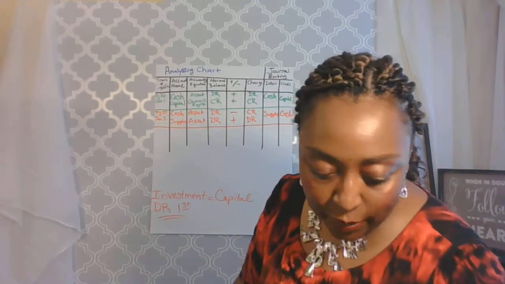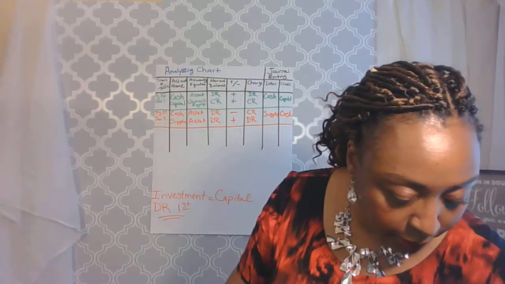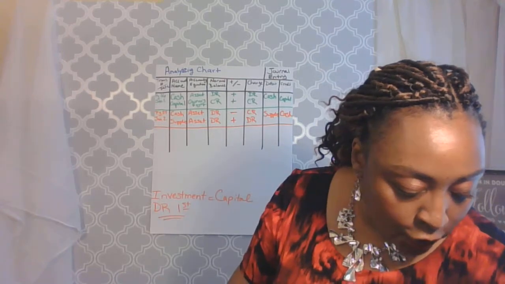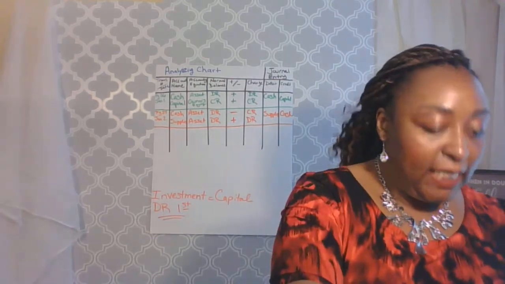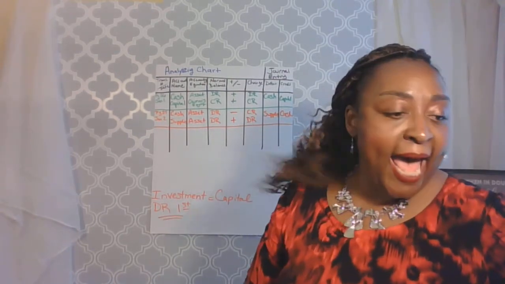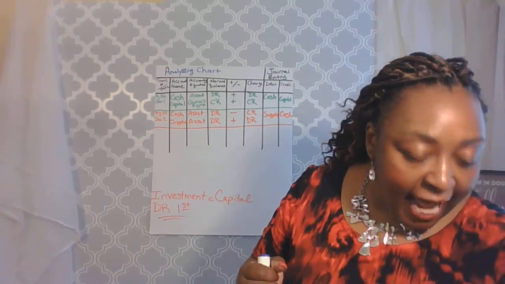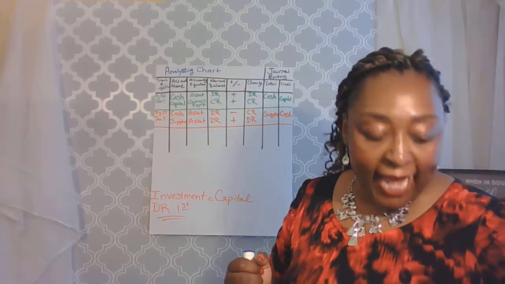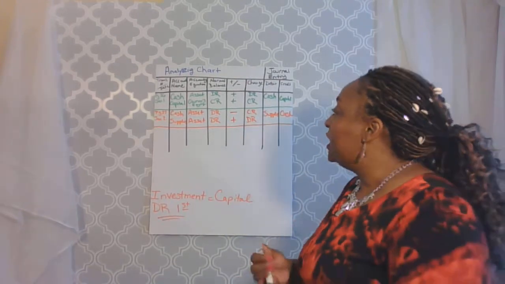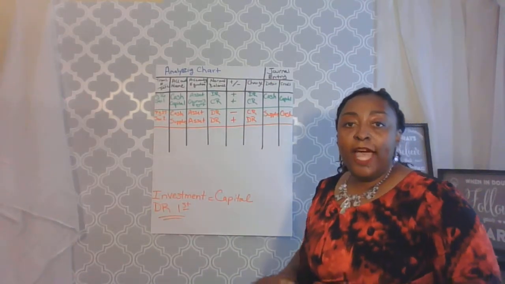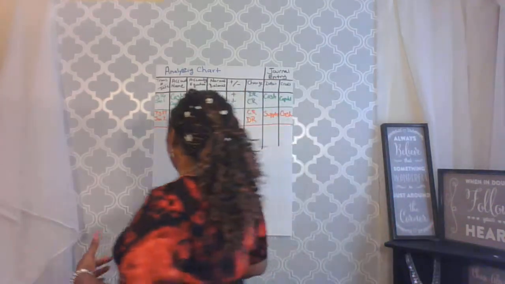Let's do another one. So on page 38, we have paid cash for insurance. This is another concept that we're going to introduce them to.